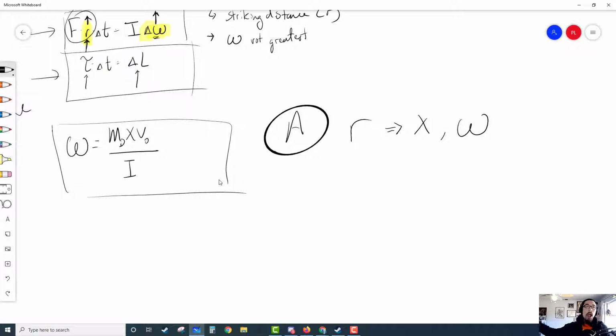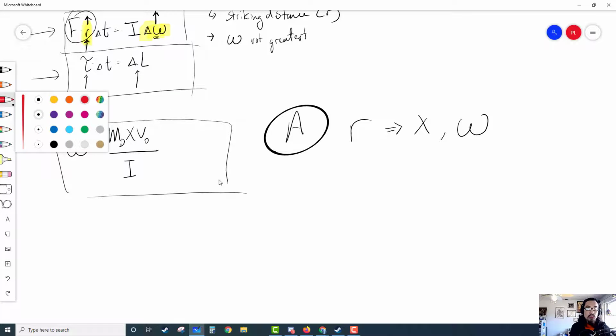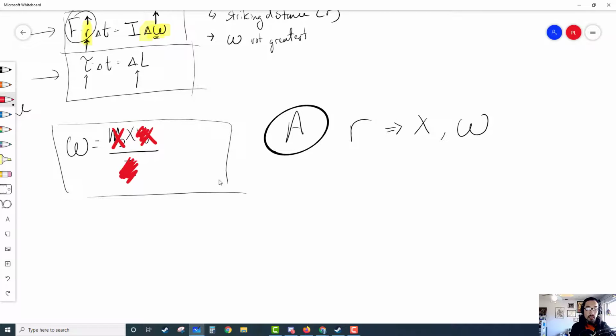So ignore all the other variables in there, because you don't have to worry about them at all. Instead of using X, I'm just going to cross it out like that. So you're only looking at the equation like this. The other variables are there to distract you.